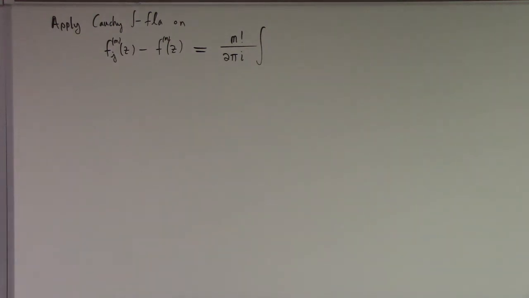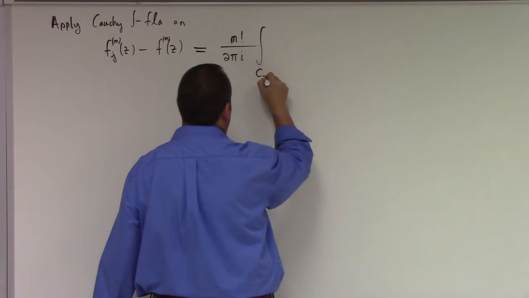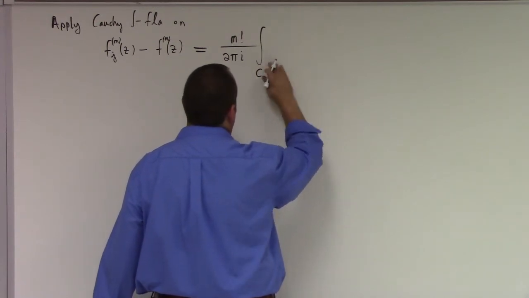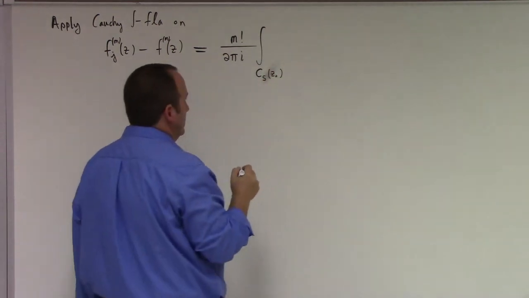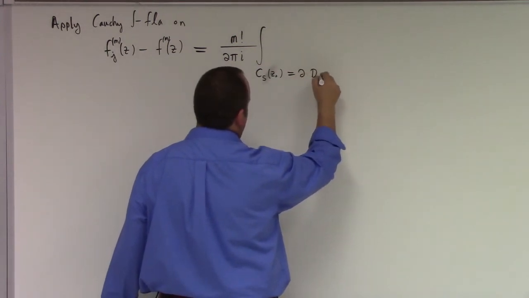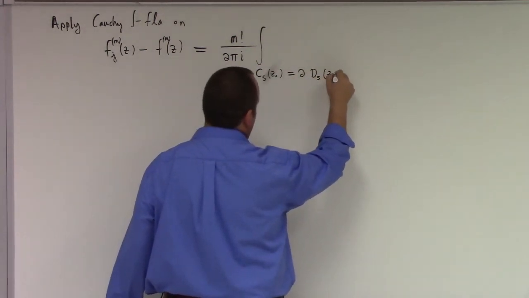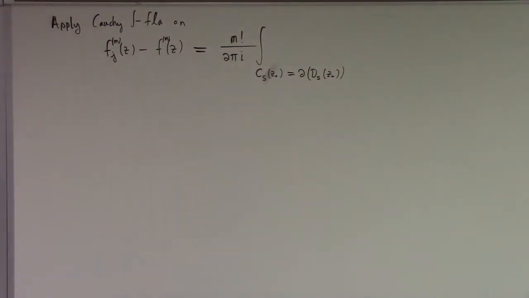I'm applying the Cauchy integral formula on the circle of radius s centered at z naught, which is, by the way, the boundary of the disk of radius s centered at z naught. So apply Cauchy's integral theorem to the green curve, and we're doing it for z.